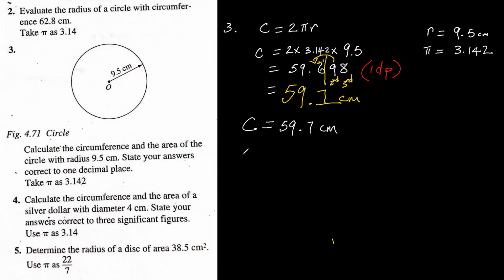All right, so part B, they ask us for the area. Area of a circle is equal to pi r squared. We already know what pi is, and we know what r is.